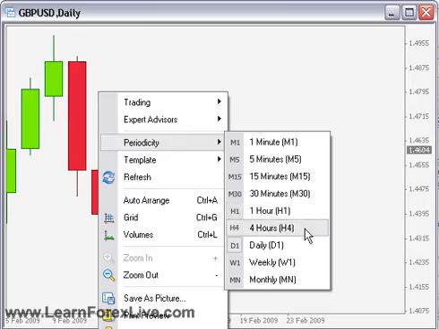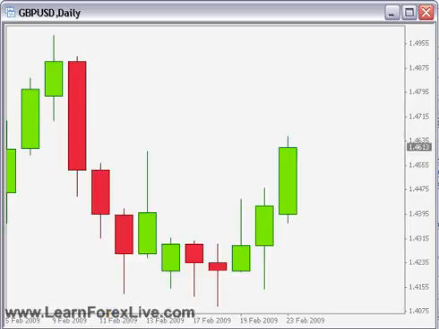Intra-week traders, probably the 4 hours chart. Intra-month traders, probably the daily chart. And then long-term traders, investors, however you want to call it, will be focusing mostly on the weekly and monthly chart. It's just a matter of preferences, what type of trader you want to become, and then simply set your charts to the right time frame. That's all there is to it.